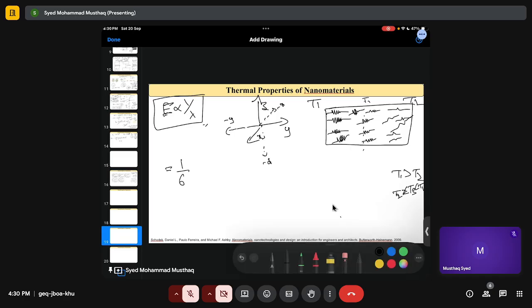Let's take a small slit. Let's say it has a length Lx. This is the flux.